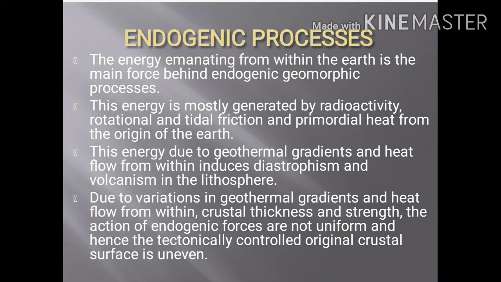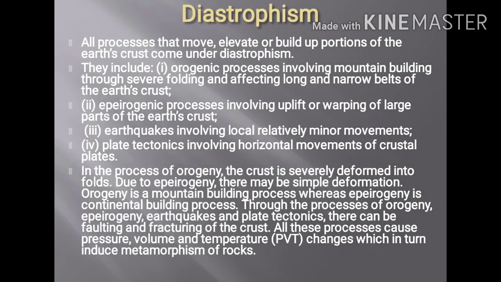And all these things create gradients, geothermal gradients and heat flow from within the earth, which creates diastrophism and volcanism in the lithosphere. So these are endogenic processes. Let's discuss now what diastrophism is and what volcanism is.